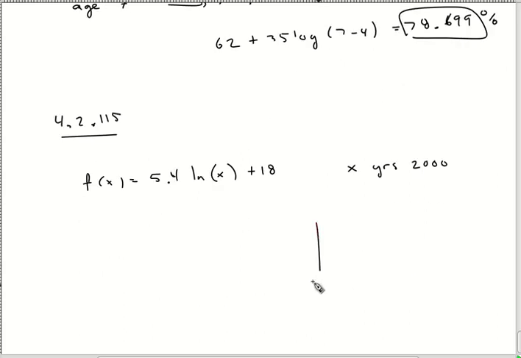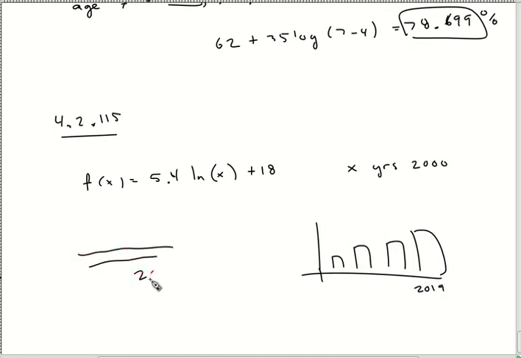Now, there's a graph attached to this problem, and it has all these bars. And in 2019, which is the one they're asking for, x is equal to 19. Anyways, at the top of the bar, we have a 34. So what I'm going to do is plug in the 19 and compare it.